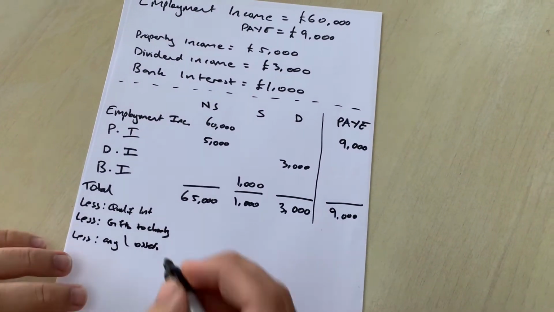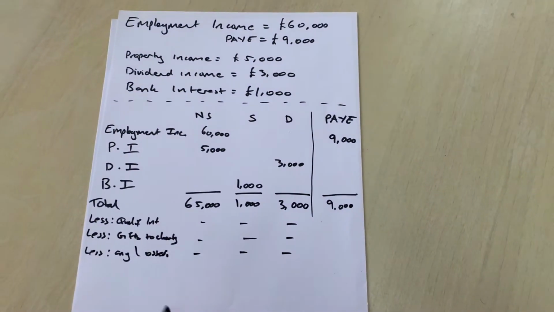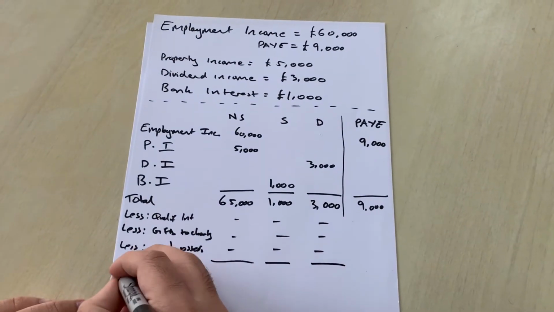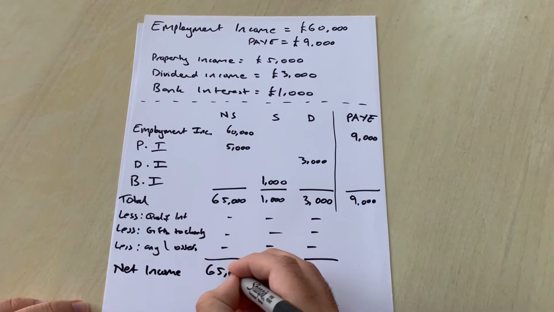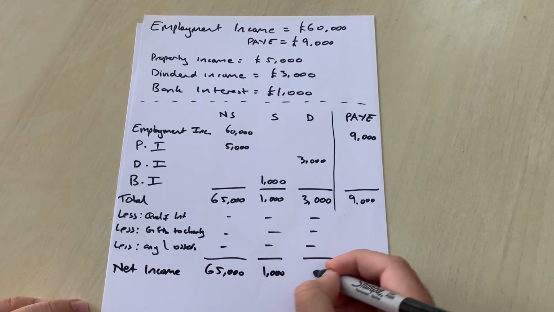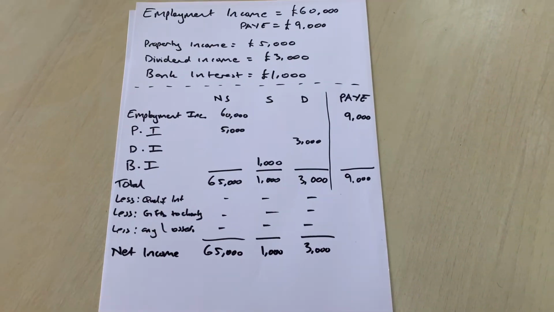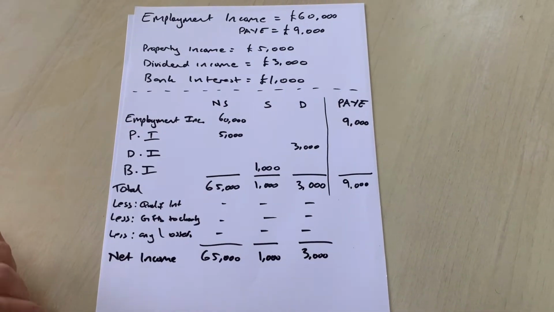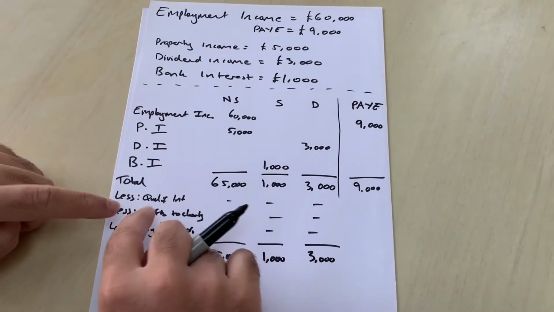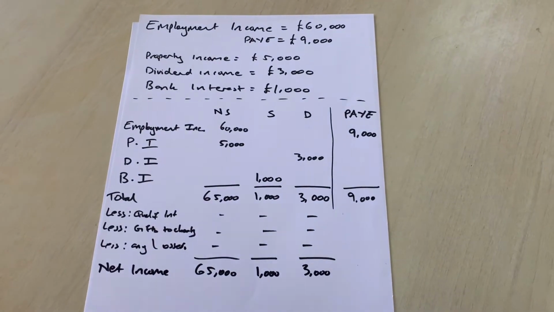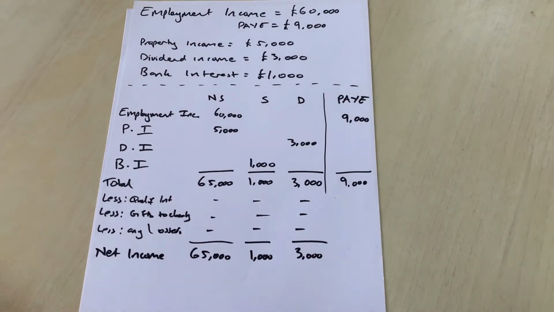In this case, we'll assume that they're all nil, and therefore our net income is just 65,000 here still, 1,000 in the savings income, and 3,000. Obviously, in rarer circumstances, any losses you can deduct from here, gifts to charity, on qualifying assets, and qualifying interest can be deducted here. But given it's not applicable to the majority of the population, I've excluded it in this example.